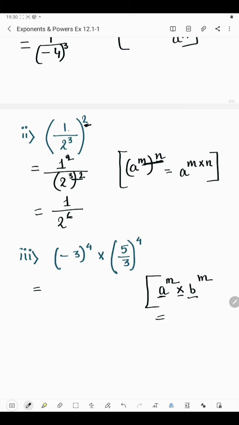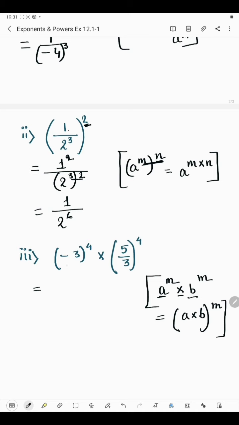Okay, when we have the two different base and one power is on both the number and in between multiply sign is there, then we just multiply the bases, which is a into b whole to the power m. Here m is the power of both. Okay, so we'll apply this law over here.